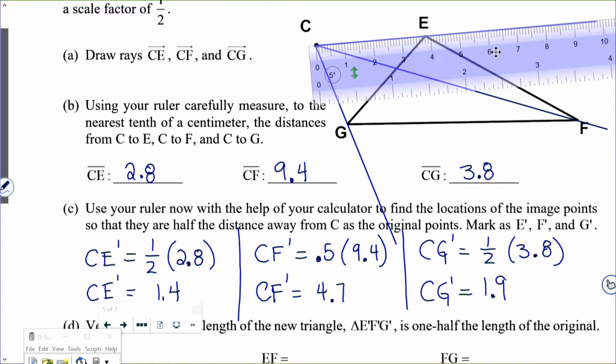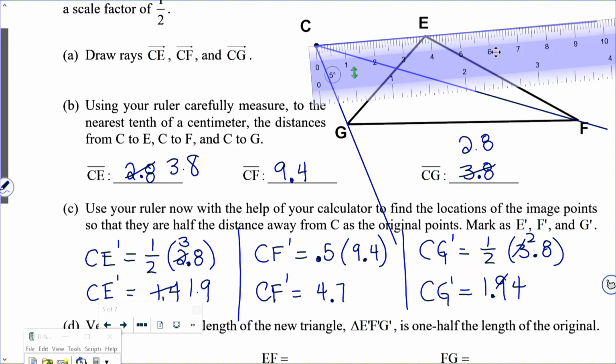That's not right. CG is the one that was 2.8. I apologize for that. And CE was my 3.8. Yep. So that would be my 1.9, apologies for this, and my 1.4.